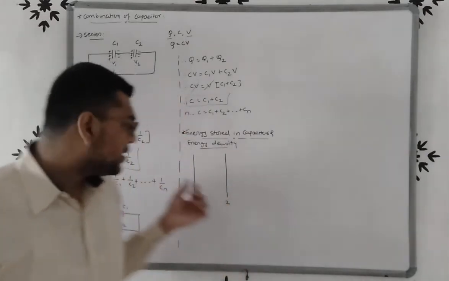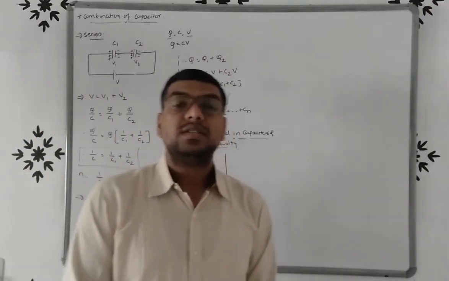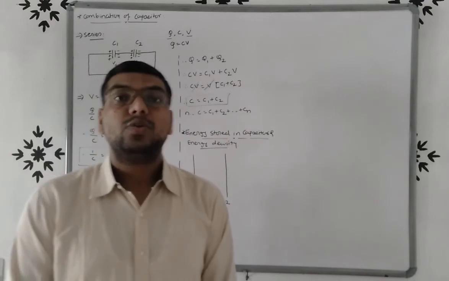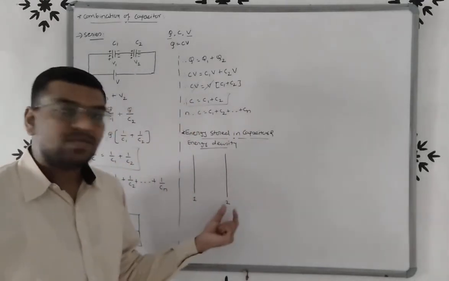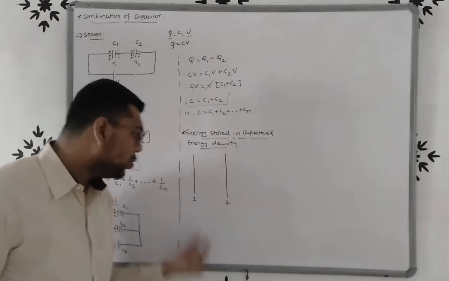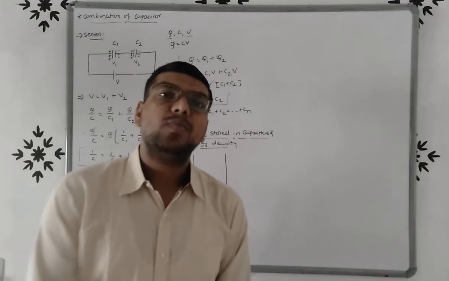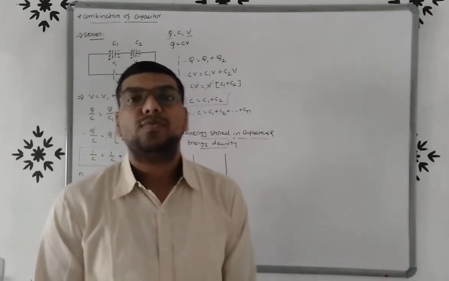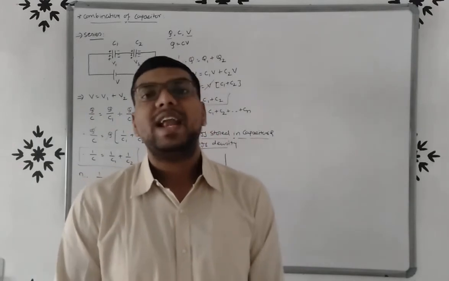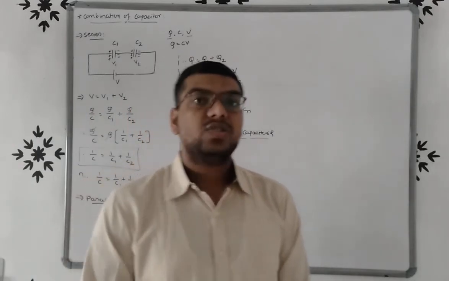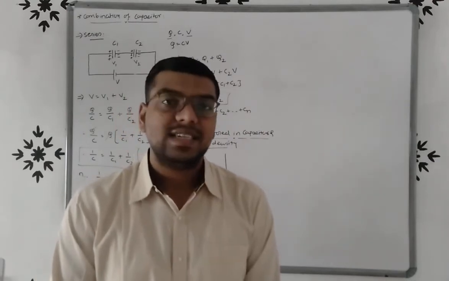Now suppose we want to move a positive charge from conductor 2 to conductor 1. So we already know that if we want to move a charge from one conductor to another conductor, work has to be applied externally, right? So this work is stored as potential energy, right?